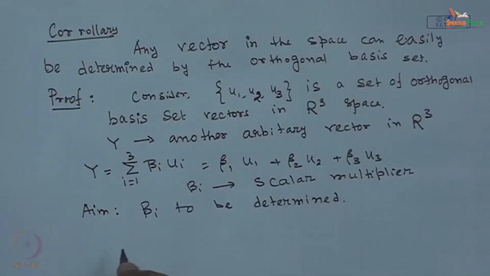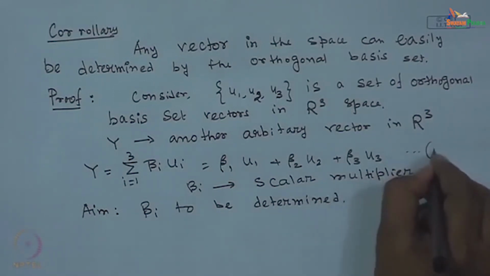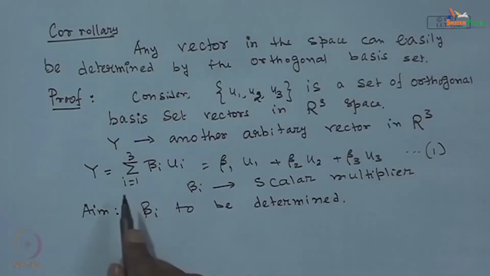How will this be determined? Suppose this is equation number 1. If we take the inner product of this equation 1 with respect to u1, let us see what we get.